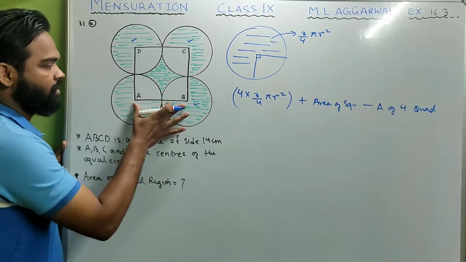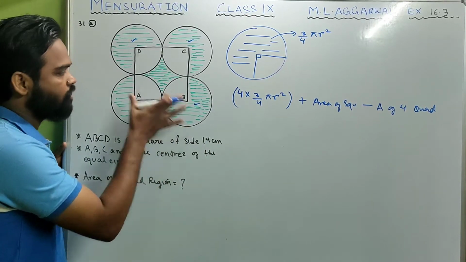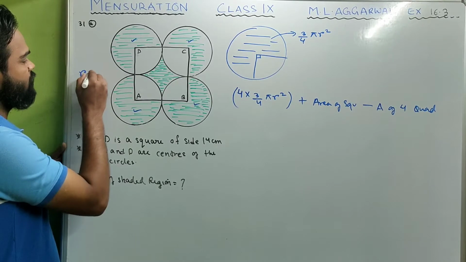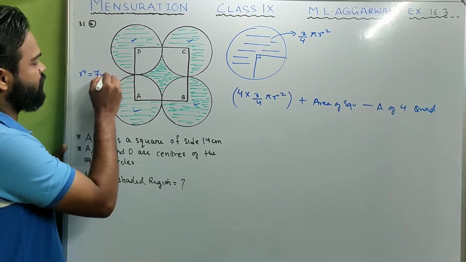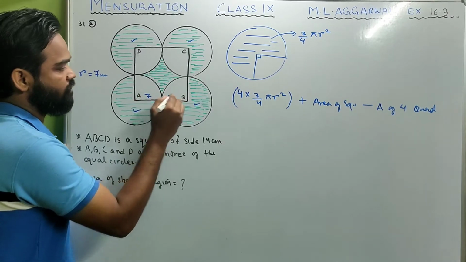Actually, look over here. The side of the square was 14, which means the radius of the circle will be 7 centimeter, because this is 7 and this is 7.